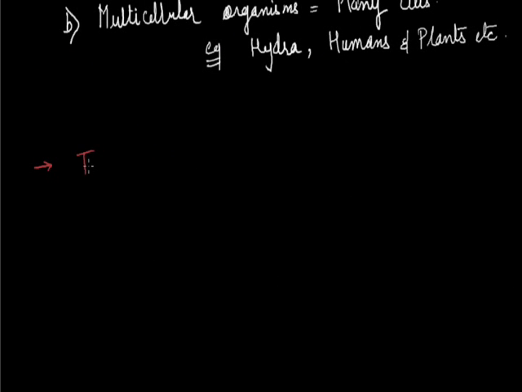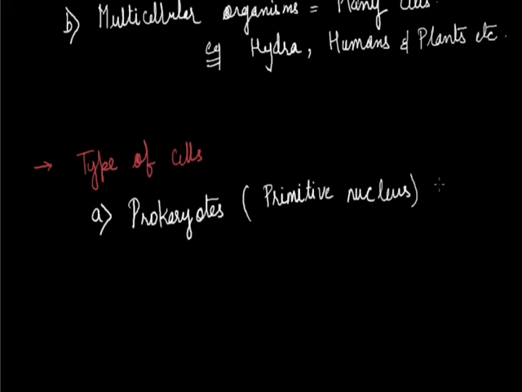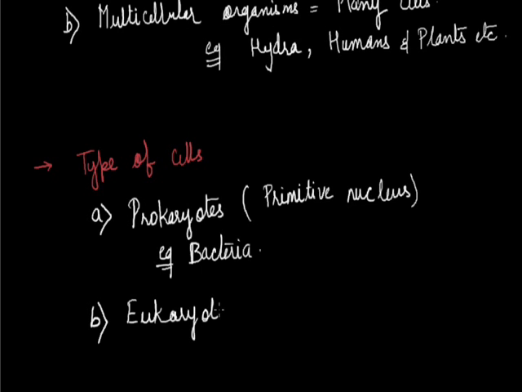In the category of type of cells, the examples are the bacteria, and the second type of cells are the eukaryotes or eukaryotic cell, which have a true nucleus.